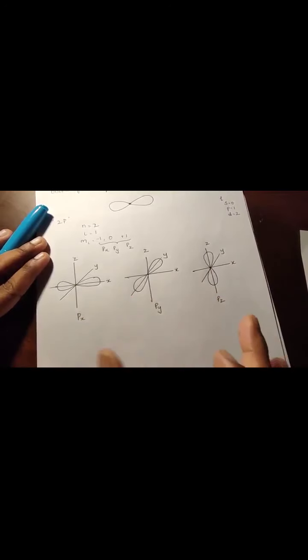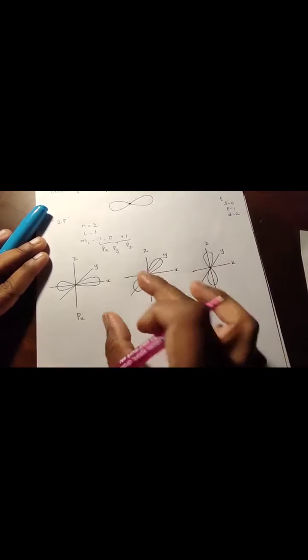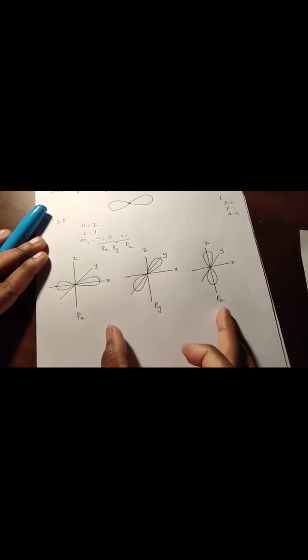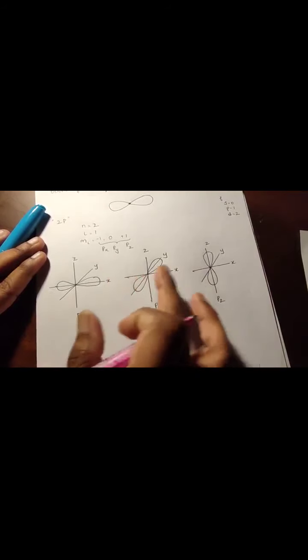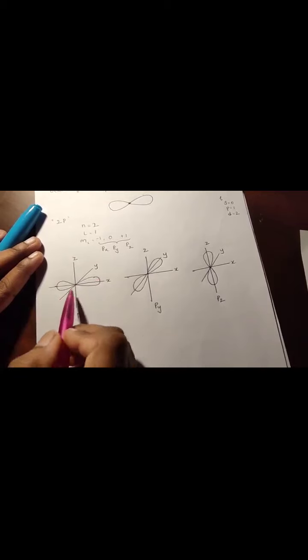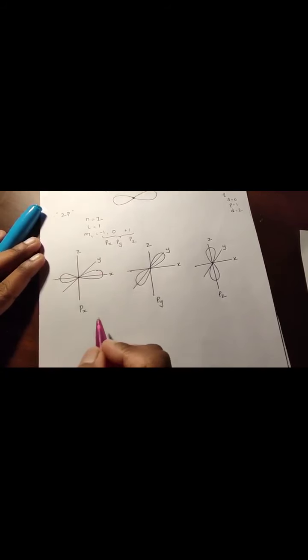These suborbitals have different orientations of electron clouds, but these three suborbitals have the same energy and same shape, a dumbbell shape.